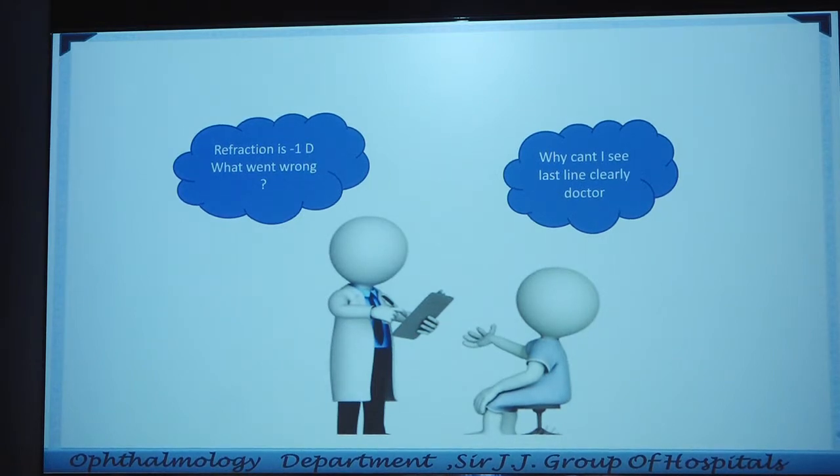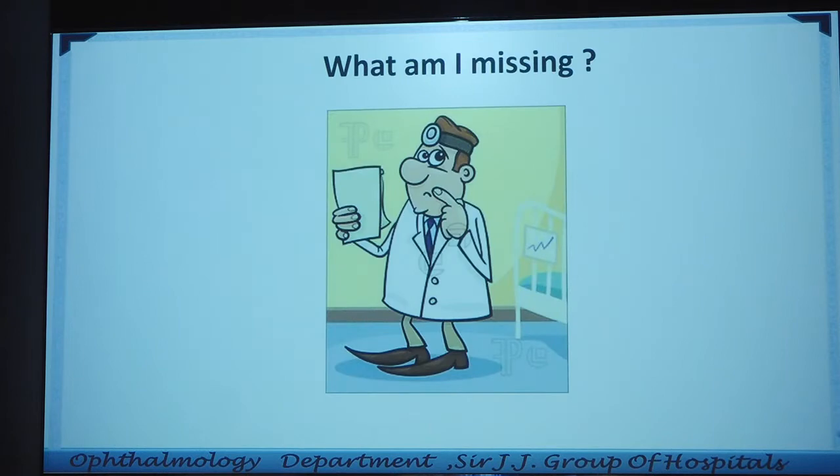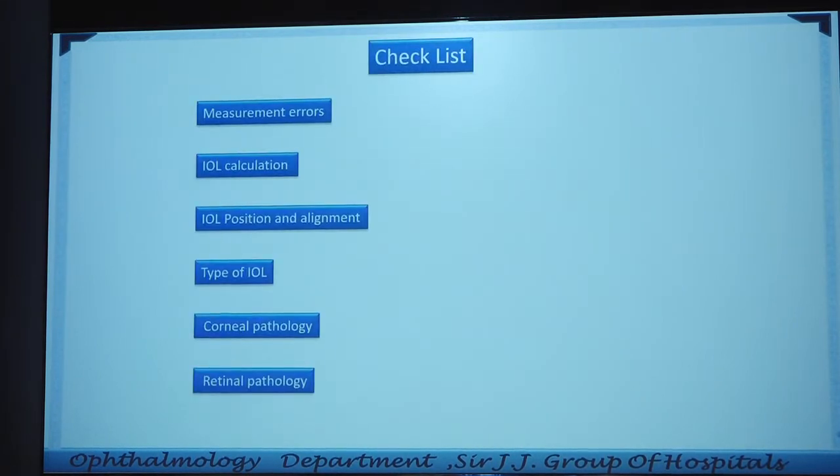So what went wrong? I will tell you what I am missing. I am missing the measurement error. IOL calculation: here the IOL is calculated just for the sake of calculation. IOL position and alignment: nothing is seen.